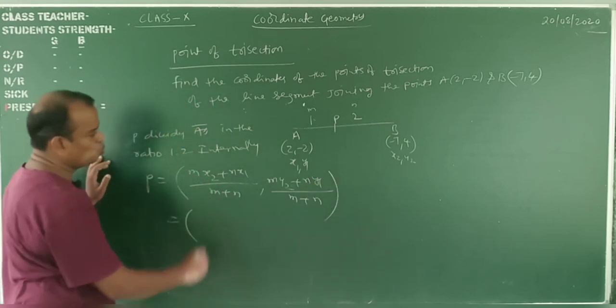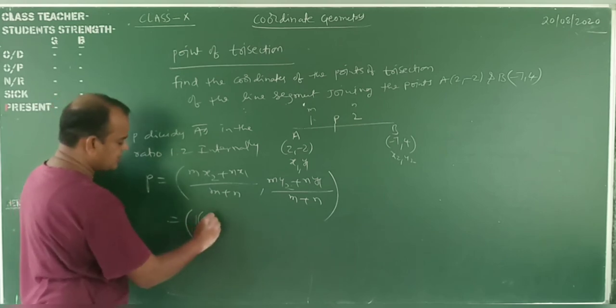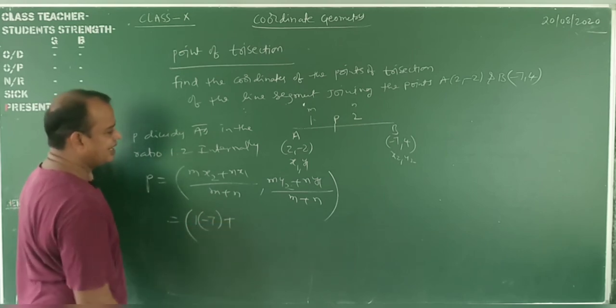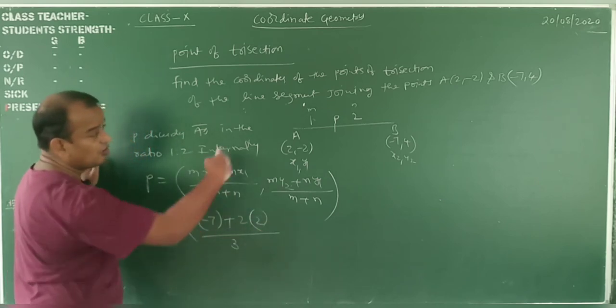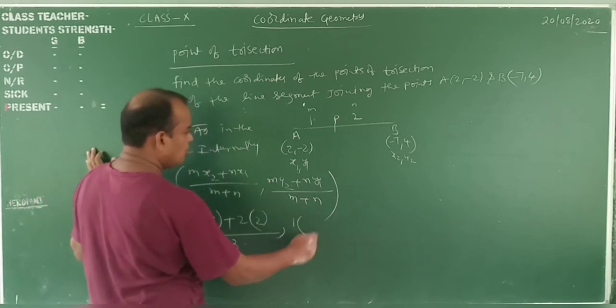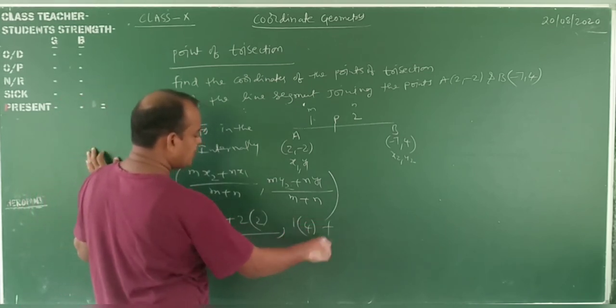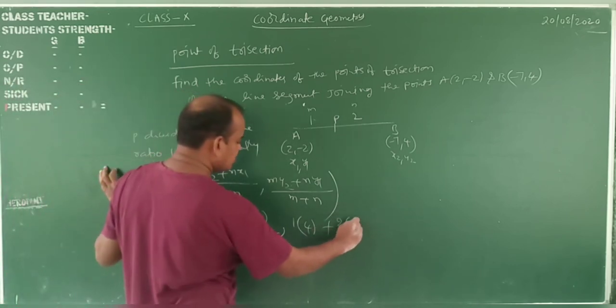Now, mx2: m value 1, x2 is -7, plus n is 2, x1 is 2, by m plus n, which is 3. Comma, my2: m is 1, y2 is 4, plus n is 2, y1 is -2, by 3.